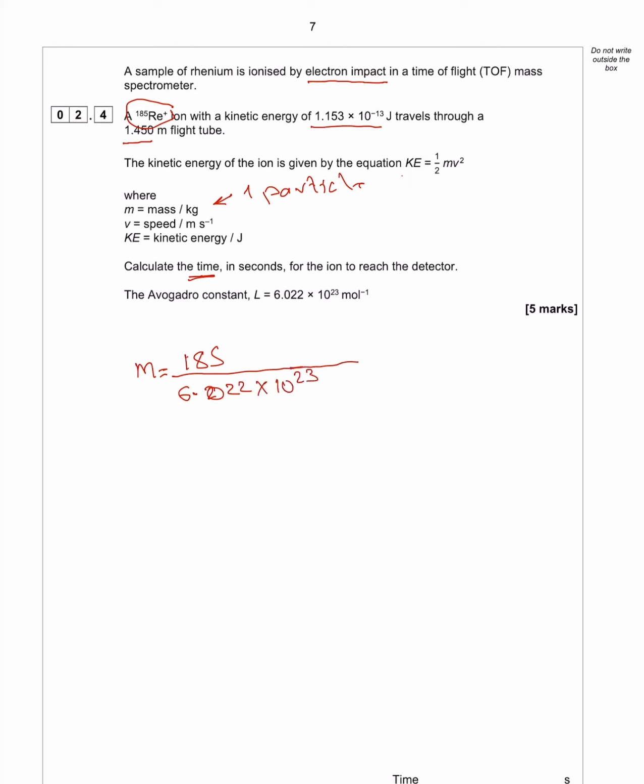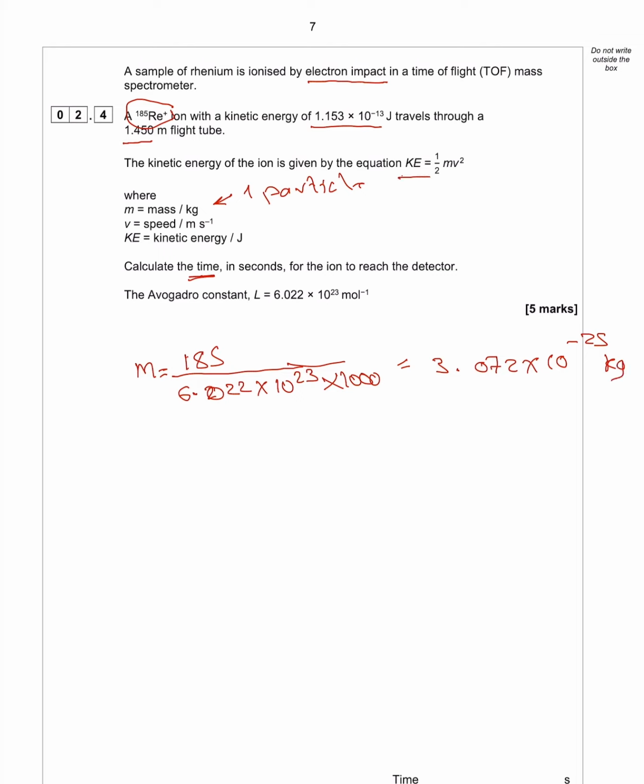And remember, if you do this, you're going to get the mass of one particle in gram, but you need it in kilograms, so you have to divide by 1,000 as well. That will give you the mass of one particle in kilograms. So this is 3.072 times 10 to minus 25 kilogram.